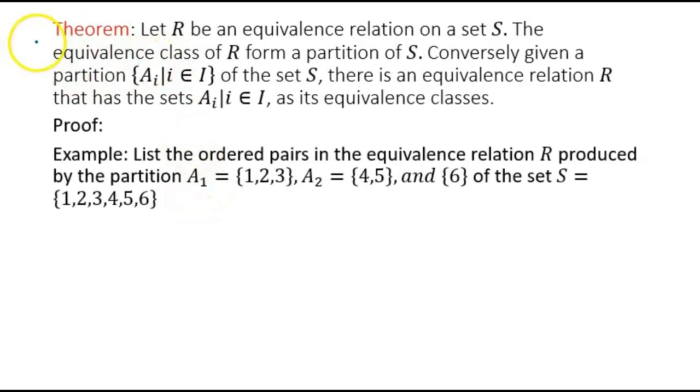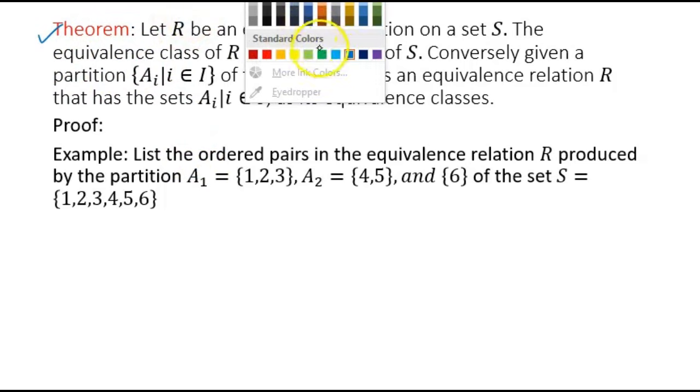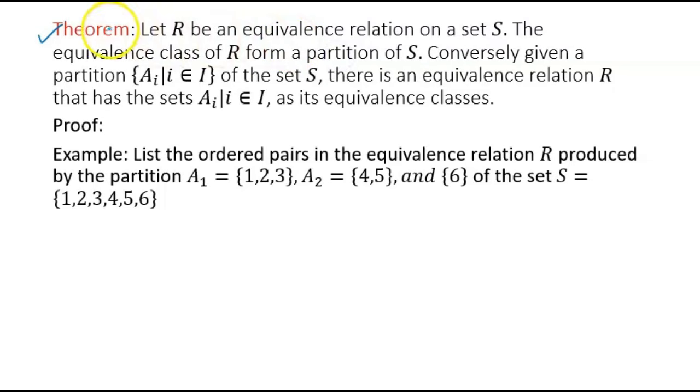So now let us look at one theorem here. And this theorem I have already given you some hint about: let R be an equivalence relation on a set S. The equivalence classes of R form a partition of S. Now you are clear about what I mean by partition, right?